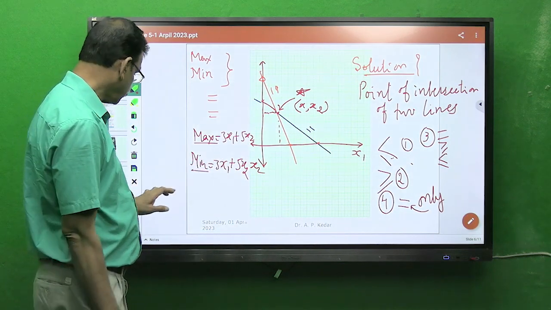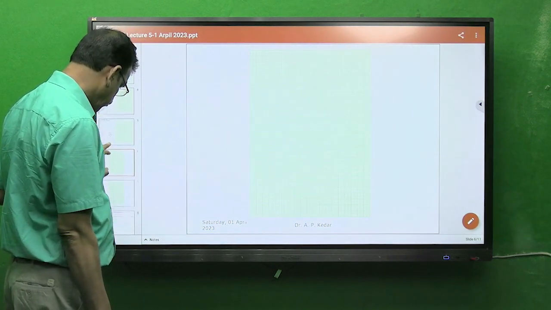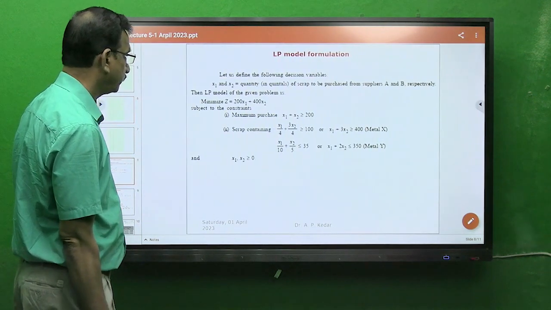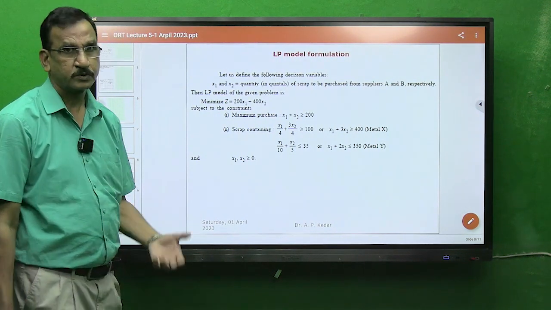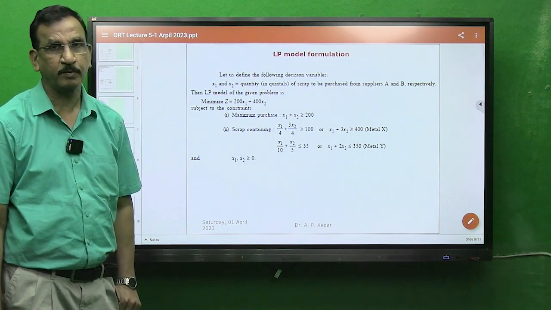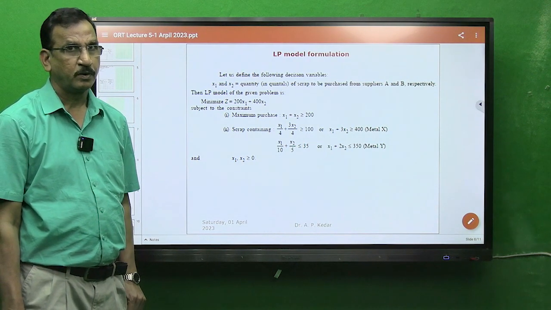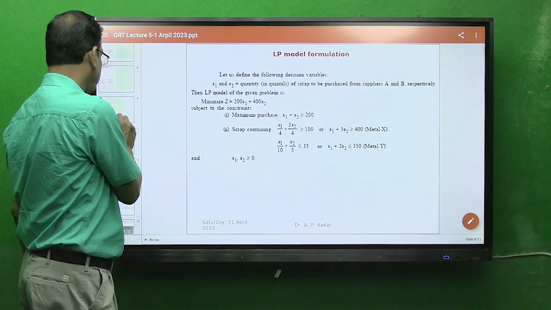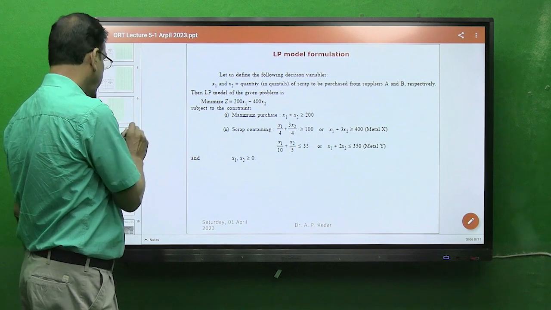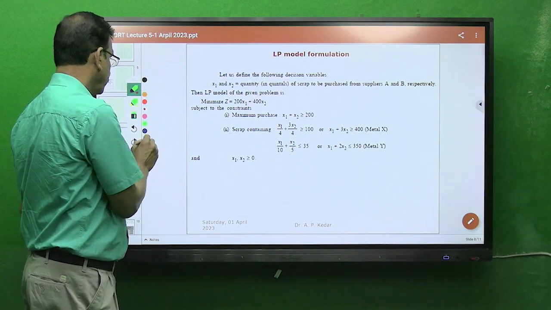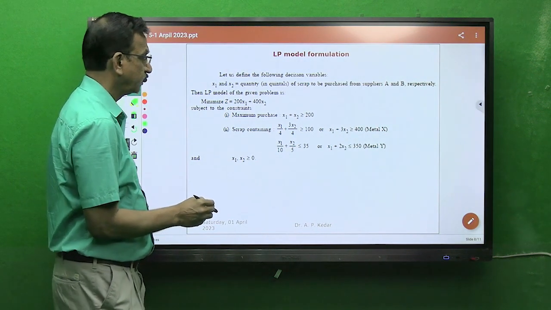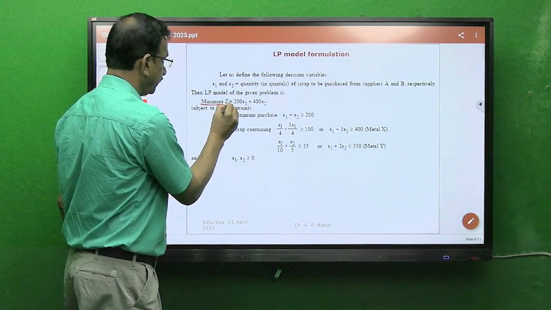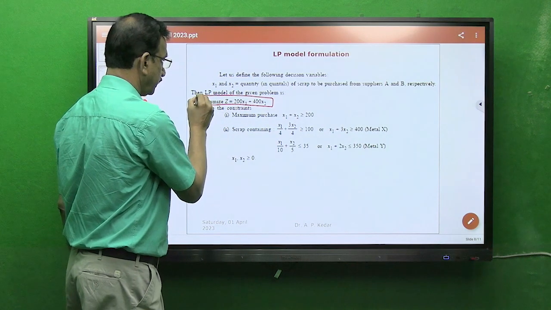Now we'll go ahead. See here, suppose I get for a problem the formulated version as given in this problem. In that formulated version the objective function was to minimize z.